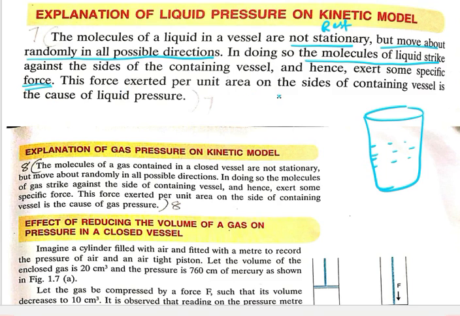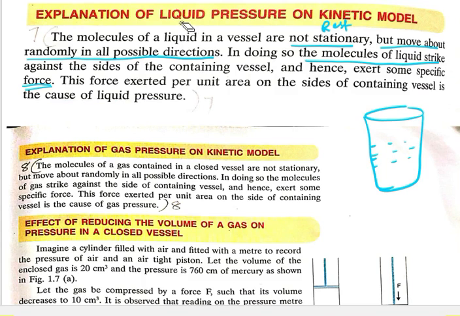This force exerted per unit area on the side of the vessel is the cause of liquid pressure. That's why there is a pressure on the wall of the vessel, and this is the liquid pressure.